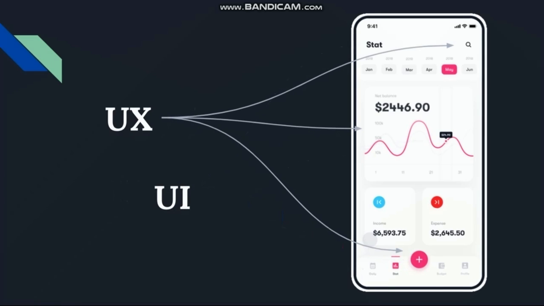The UX does something a little different. It includes the same elements, but it's not responsible for their style or how beautiful it is. The UX is generally responsible for comfort in use. For example, let's take this button again. There were several options to place this button.